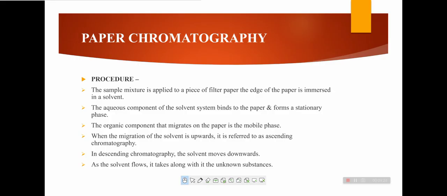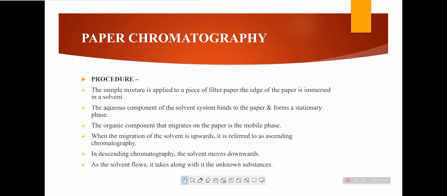The drop is labeled with a pencil using an alphabet or number to help identify the component later. Thereafter, the paper is placed into a sealed container with a shallow layer of suitable solvent. The solvent level must be lower than the pencil line or drop on it.